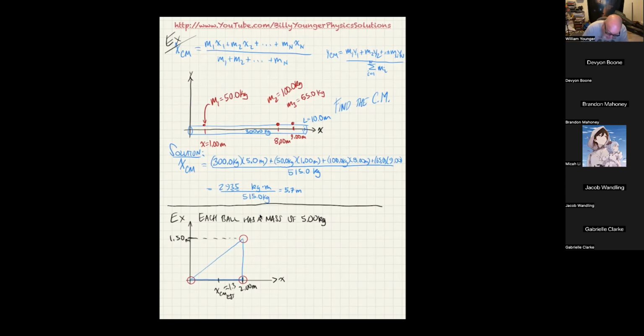And I would probably say, since there's a lot more weight down here at the bottom than there is at the top, that I'd only be about 1/3 of the way up the 1.50. So this should be roughly around 0.5 meters as YCM estimate. Okay, so that's just my guess. But I'm going to go ahead and calculate.